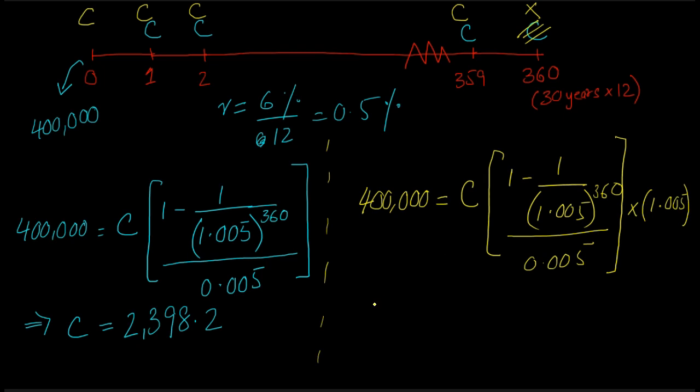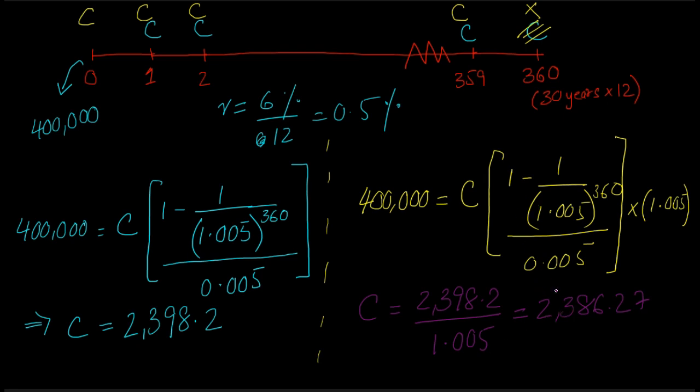So you can take a shortcut here and say C is basically going to be equal to 2398.2, and then you just divide it by 1 plus R, so 1.005, which will give you about 2386, so 2386.27.